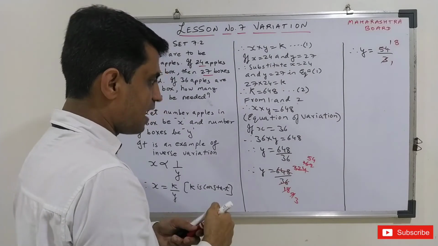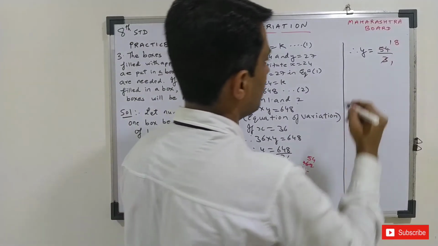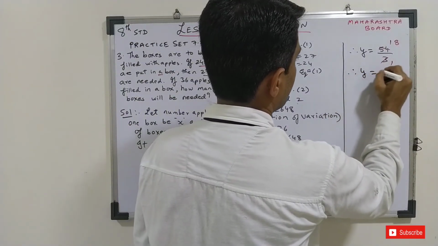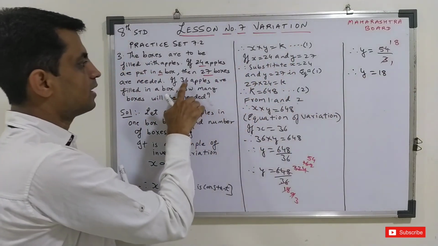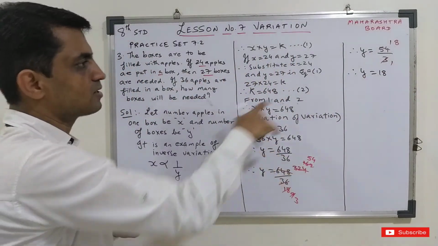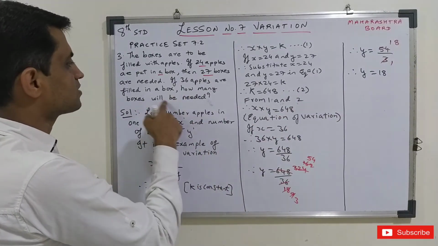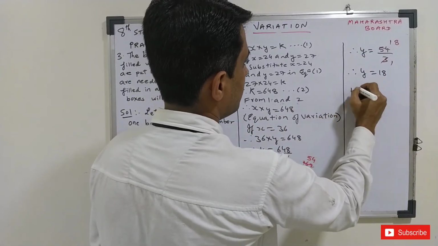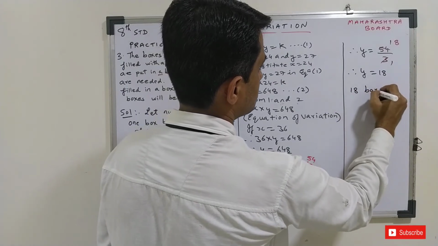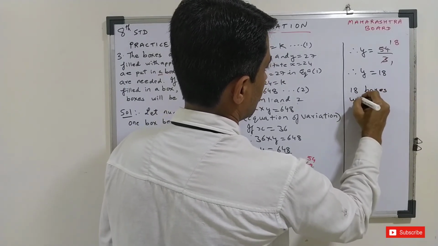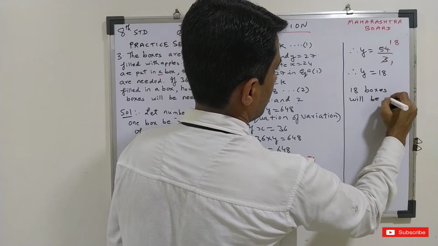So y we got as 18. If 36 apples are filled in one box, how many boxes will be required? 18 boxes. Let us write here, 18 boxes will be needed.